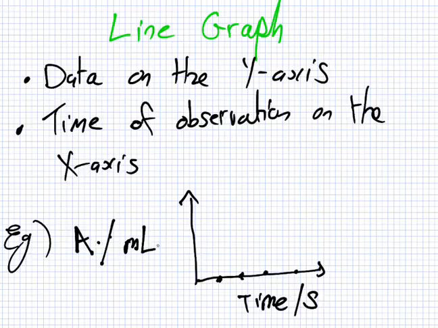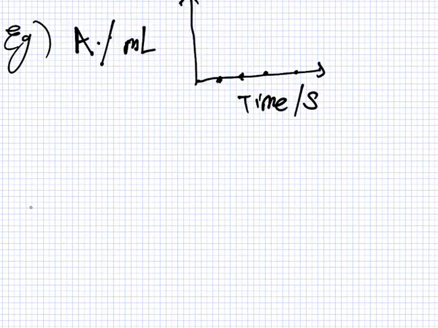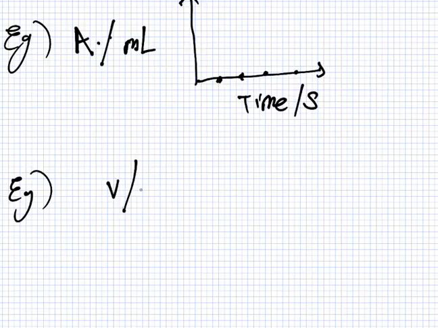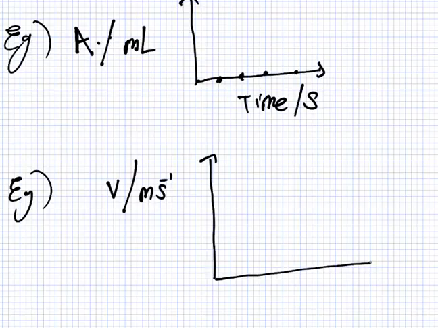Okay. And then an example from physics would be, as you said, Abraham, you have velocity on the y-axis in meters per second. And then on the x-axis you would have time in seconds.